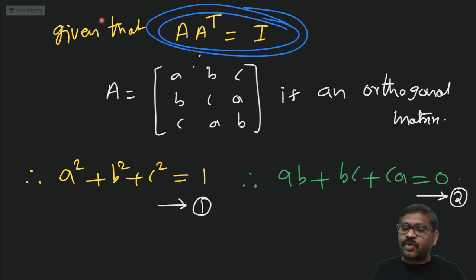Okay, now I already told you one formula: a plus b plus c whole square.